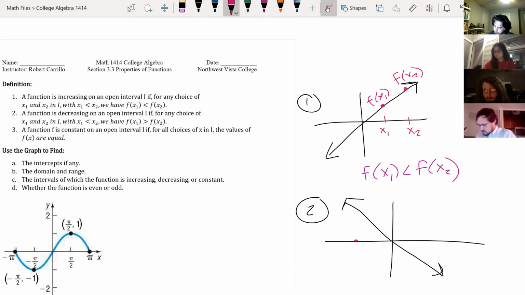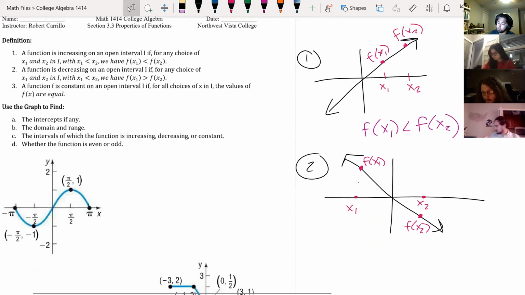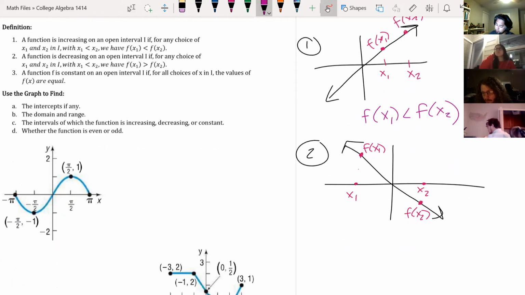Here would be, let's say, x1 and f of x1, and over here would be x2 with f of x2. This would be an example of a decreasing interval where the y value of x1 is greater than the y value of x2.